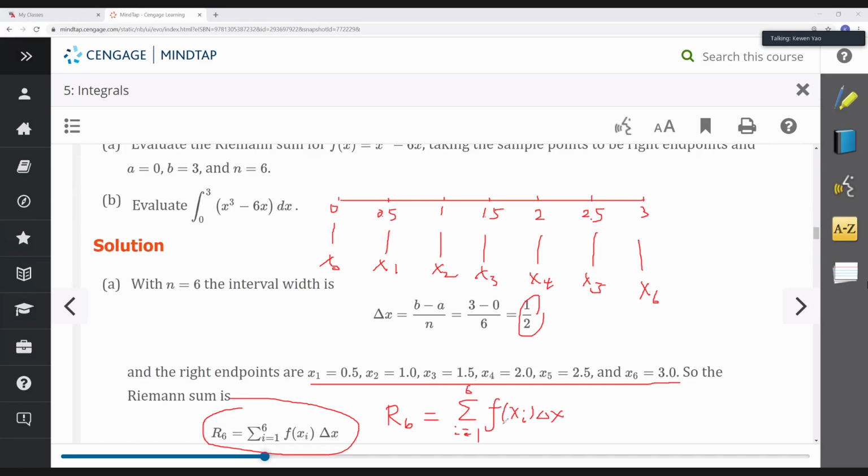That's the Riemann sum, R6 equals sigma i from 1 to 6, f(xi) delta x. Now you put this number inside, you can evaluate.